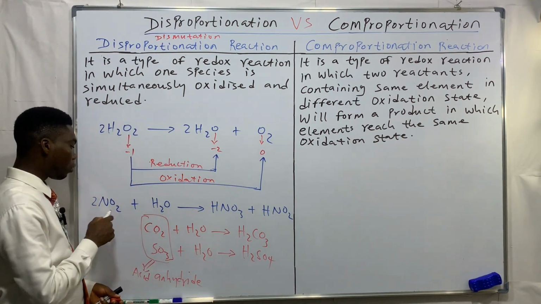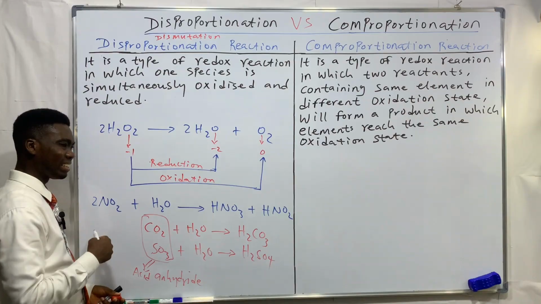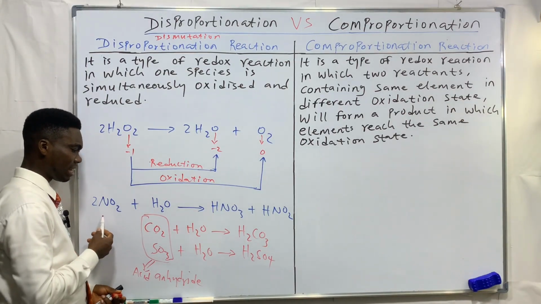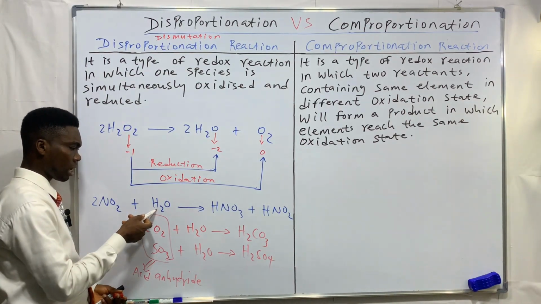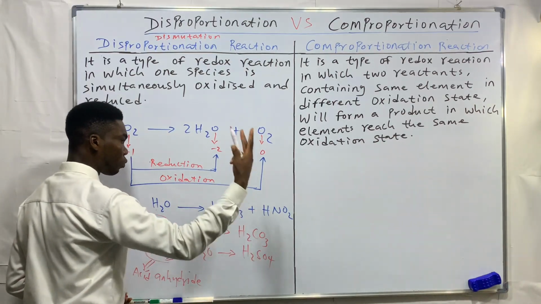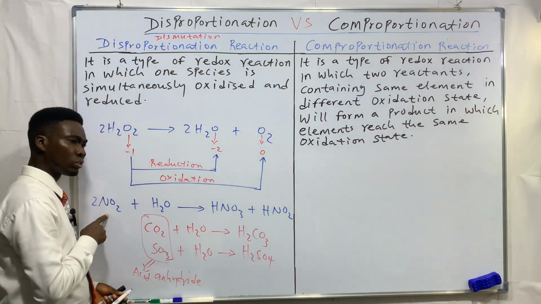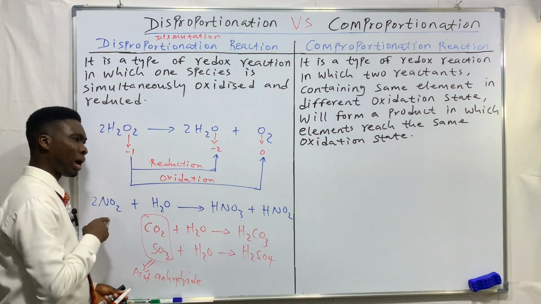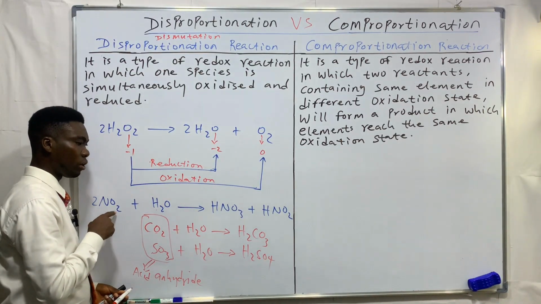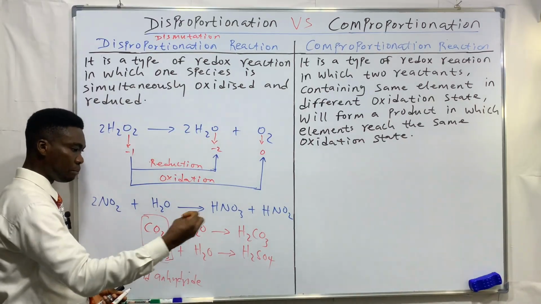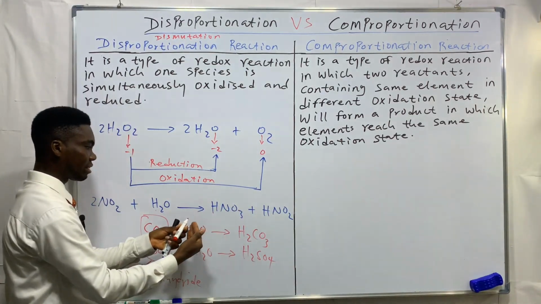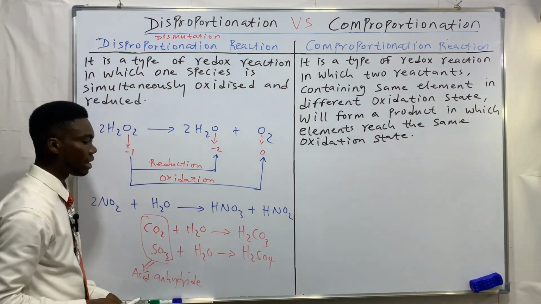So NO2 is a special type of acid anhydride because when it dissolves in water, it forms two acids. That's why chemists refer to it as a double acid anhydride or mixed acid anhydride.